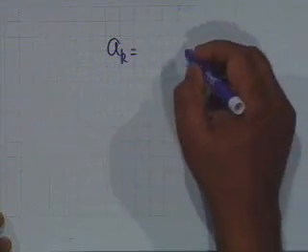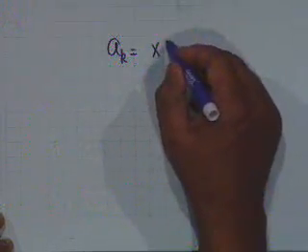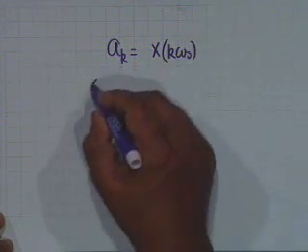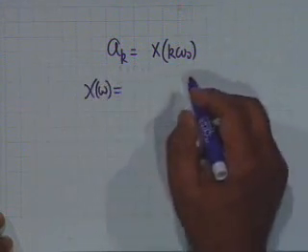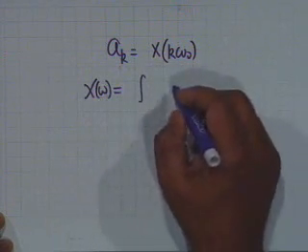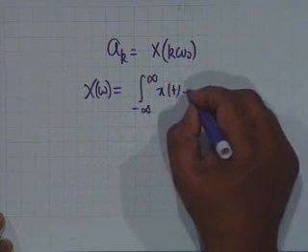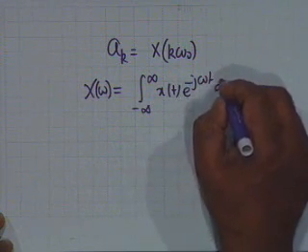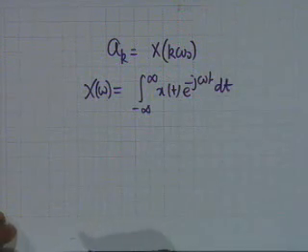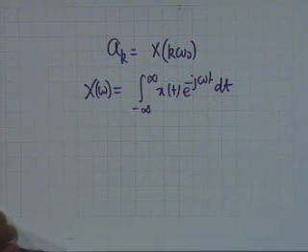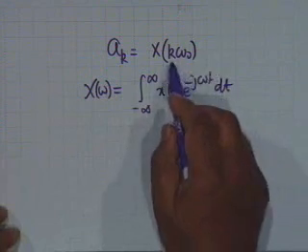It is X of k omega 0, where capital X of omega is defined as the integral from minus infinity to infinity of x of t, the Fourier transform of x of t, e to the minus j omega t dt. The values of this function were taken at the various points k omega 0.